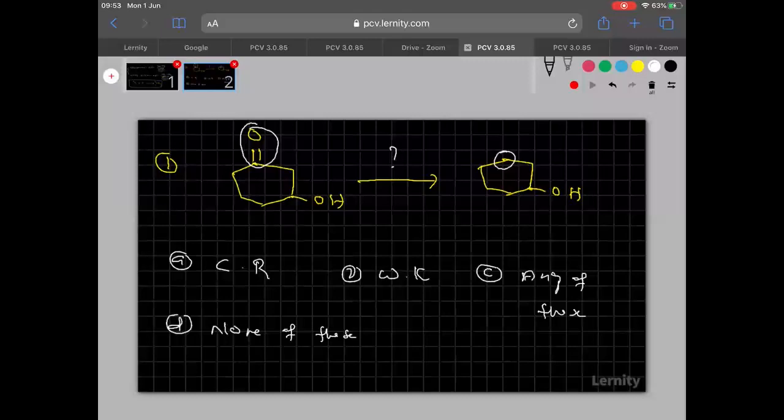First option is Clemmensen reduction, second option is Wolff-Kishner reduction, third option is any of these, and fourth option, none of these.